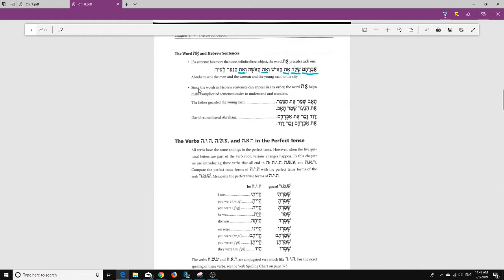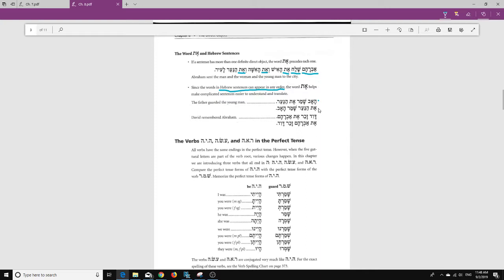Okay. Actually, here we're getting into why it's important to know this direct object marker. Because remember, sentences in Hebrew can appear in any order. So the et will help us understand what's really going on in a sentence. An easy version might be Ha'av shamar et hana'ar. So the father guarded the son.